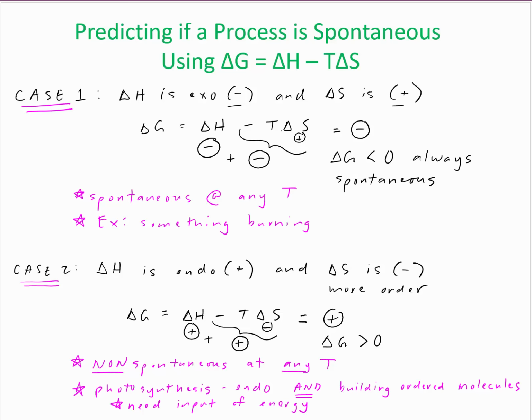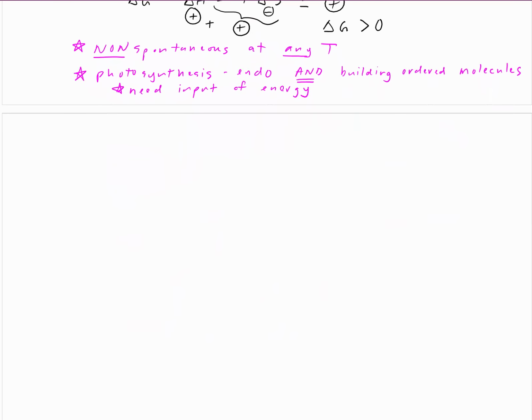So let's go on to case 2, or sorry, case 3 here. In case 3, delta H is endothermic, which, as we have been seeing, is unfavorable, and delta S is favored, or more disorder, positive entropy.